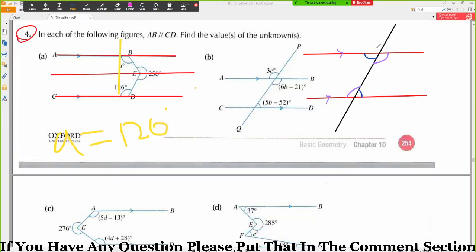These two angles are known as alternate angles. Similarly, these two angles will also be alternate angles, and these two angles will also be alternate angles, but these two are known as exterior alternate angles.